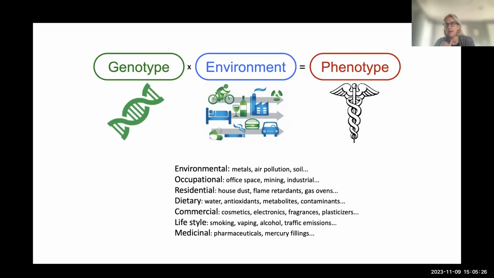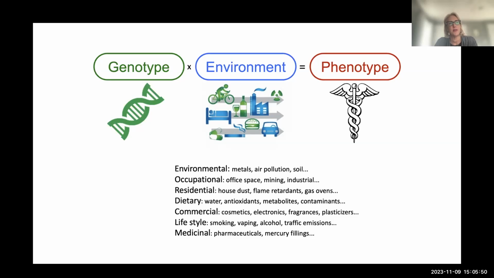I think this is an audience that's familiar with the concept of genotype interactions with the environment and how that results in phenotypes or diseases. The environment can clearly be defined in very broad ways, from environmental and occupational exposures to lifestyle factors.